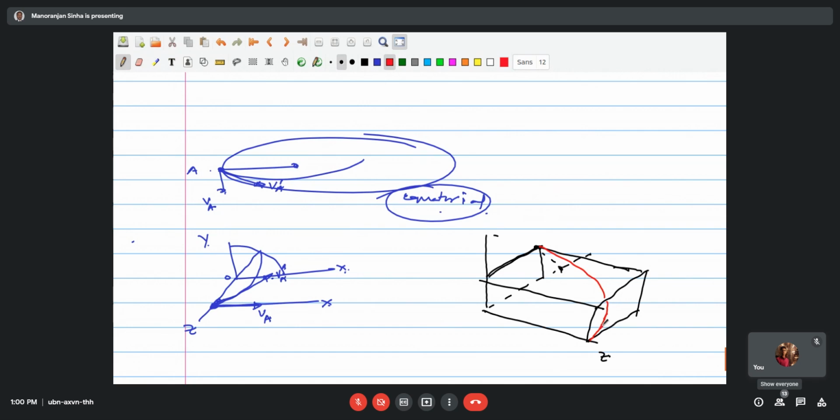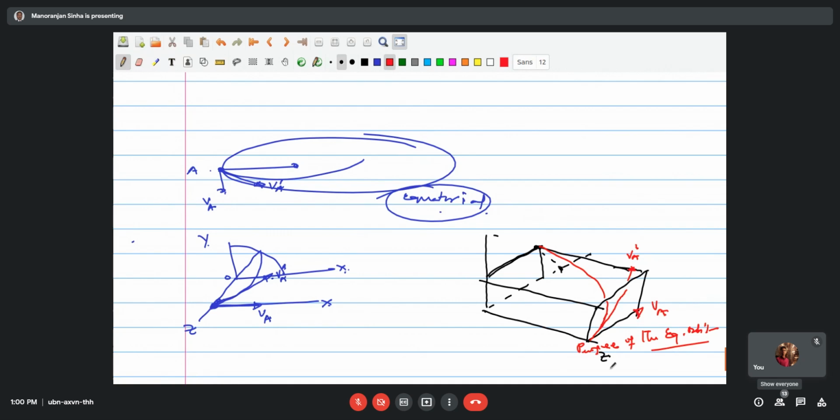Now you can see that your velocity vector is directed along this direction, which is VA prime. The original velocity vector is along this direction because this is the perigee of the original equatorial orbit.